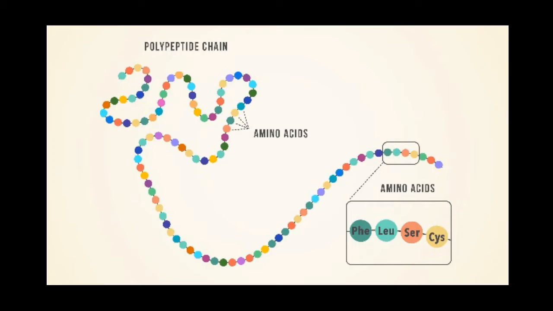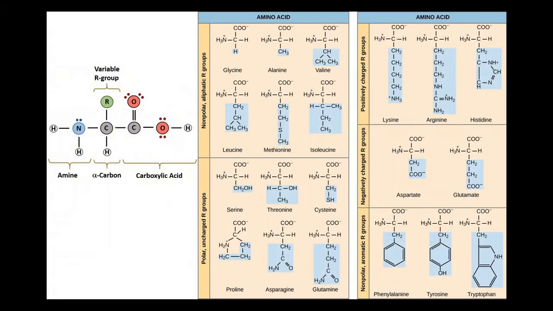Let us therefore now look at what amino acids are. Amino acids are molecules that contain two functional groups, namely an amino group and a carboxylic group. Every amino acid has a basic structure as shown in the image on the left section of the slide.